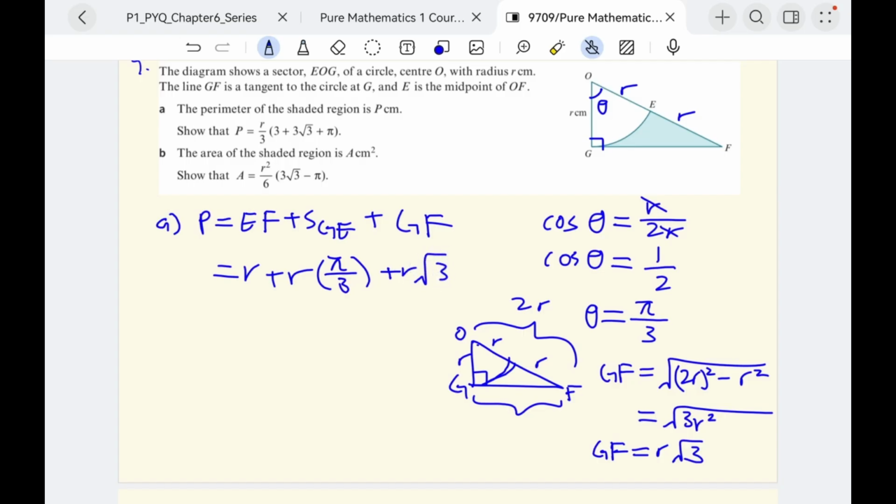As you can see, there is a common term r, and following the answer shown here, it wants you to factorize the 1 over 3. So you have to factorize r over 3 from all terms, which is r over 3 times the bracket of 3 plus pi plus 3 root 3.